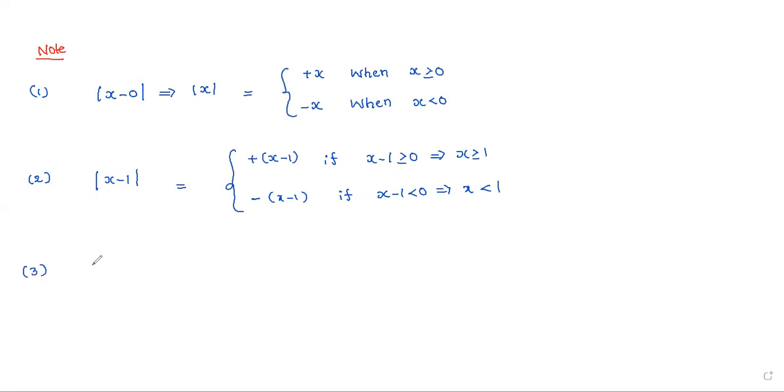And the third one, modulus of x minus 2 is equal to plus x minus 2 if x is greater than or equal to 2, and minus of x minus 2 if x is less than 2. So please follow this step.